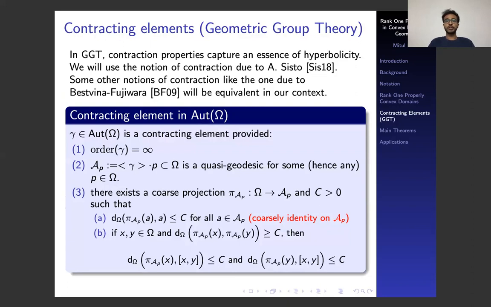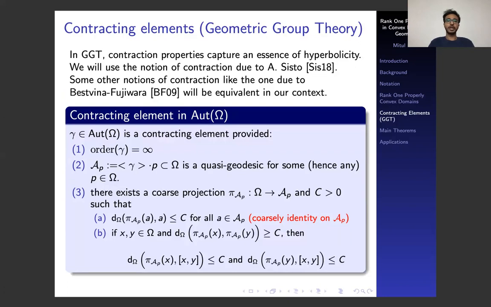In geometric group theory, there is a philosophy that contraction properties capture an essence of hyperbolicity. We will use the notion of contraction due to Alex Sisto. Some other notions of contraction that can be found in the literature, like the one due to Bestvina and Fujiwara, will be equivalent in the context where we are working.